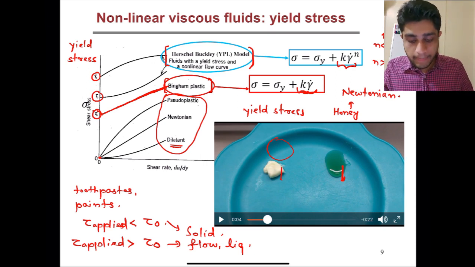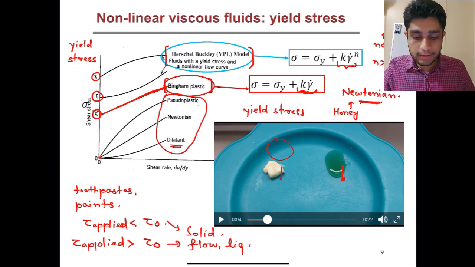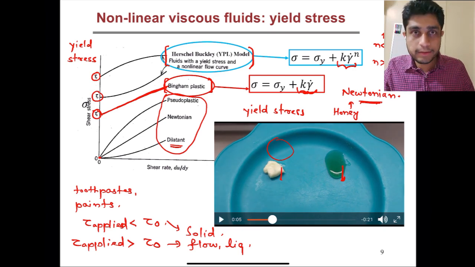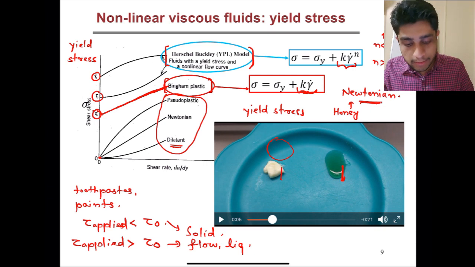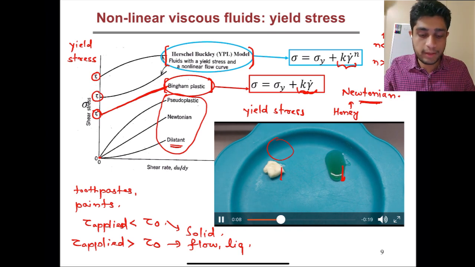Since this honey is a Newtonian fluid, it just starts flowing under its own weight. But for mayonnaise, the shear stress induced by its weight is not enough to overcome the yield stress, so it does not flow and just sits there like a solid.